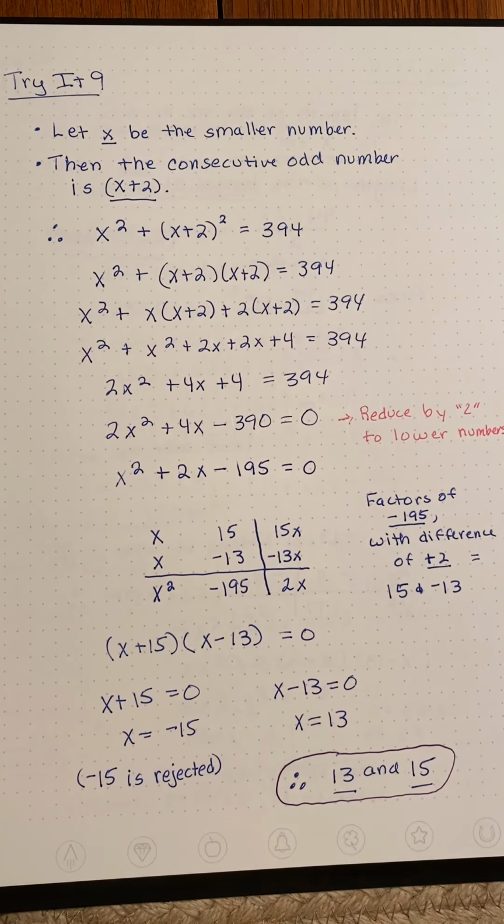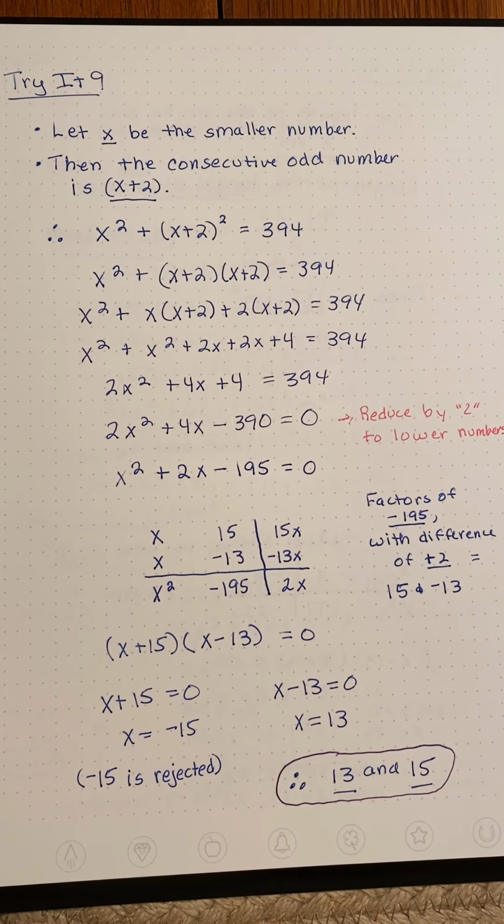Okay, so try it 9. First of all it says, the sum of the squares of two consecutive positive odd numbers is 394. Find the numbers.